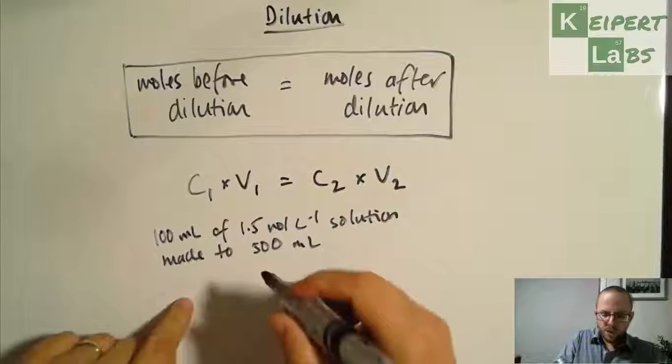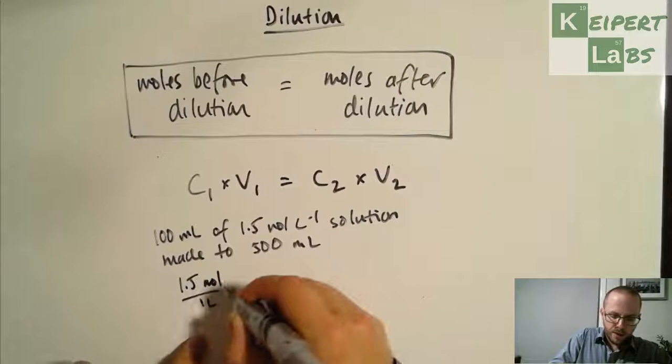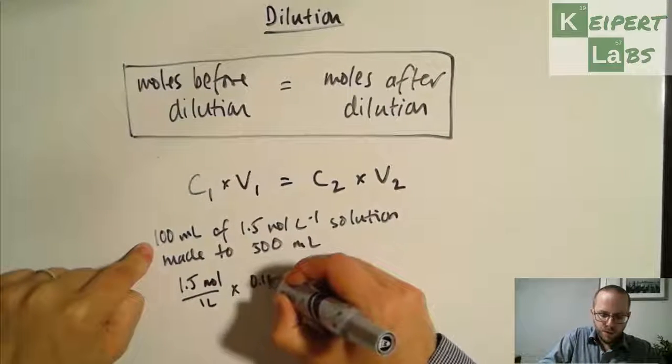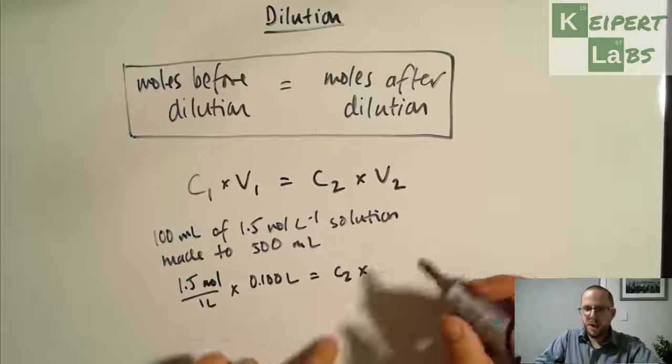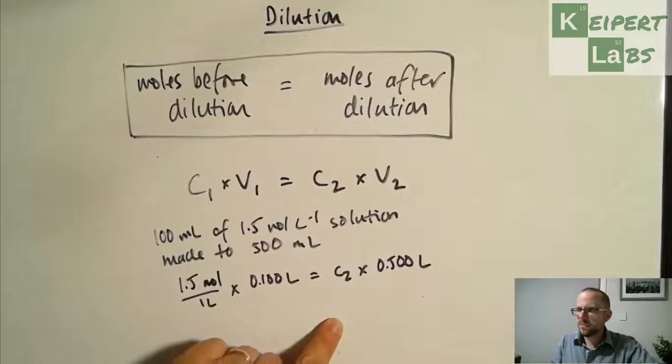So our concentration, 1.5 moles for every litre, multiplied by 100 mils converted to litres is 0.100 litres, equals our new concentration times our new volume, which is 0.500 litres.